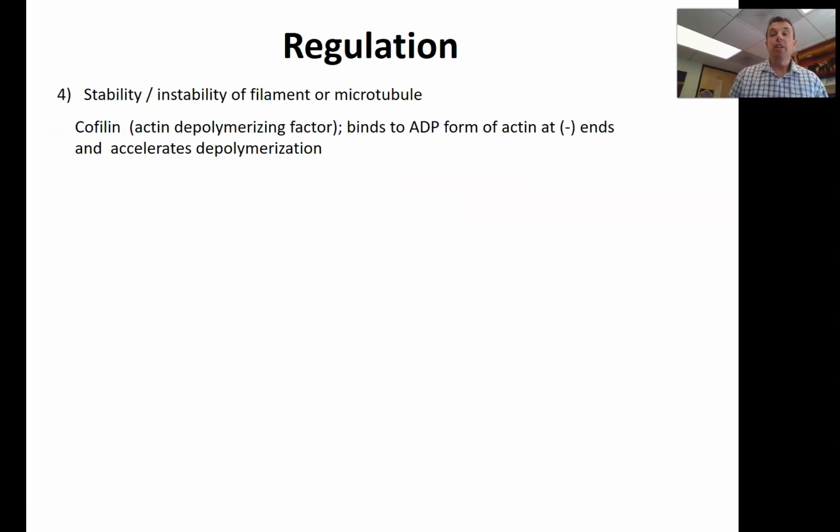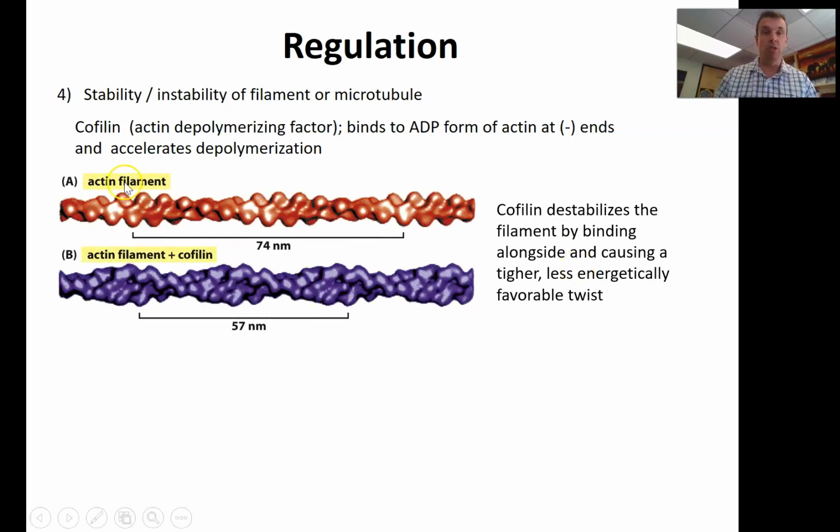Then you can also regulate the filaments by the stability or instability of the filament or microtubule. So you can basically regulate how often that filament starts to fall apart. And you can cause it to fall apart, the cell can cause it to fall apart, or the cell can stabilize it and prevent it from falling apart. So one of these molecules that's really important is a molecule called cofilin. So in a normal actin filament double helix, it takes 74 nanometers to go one full turn.